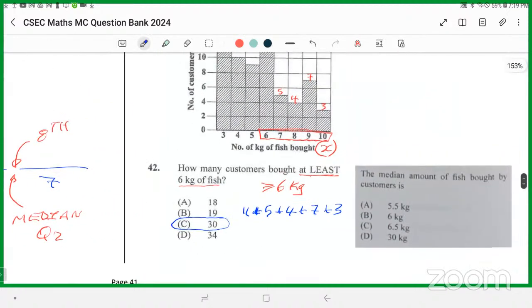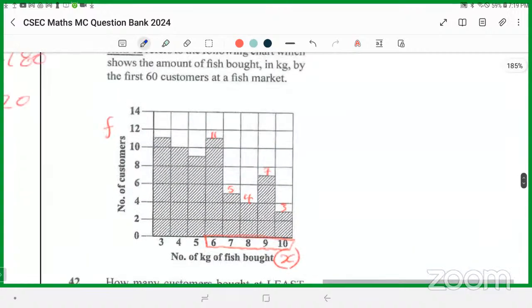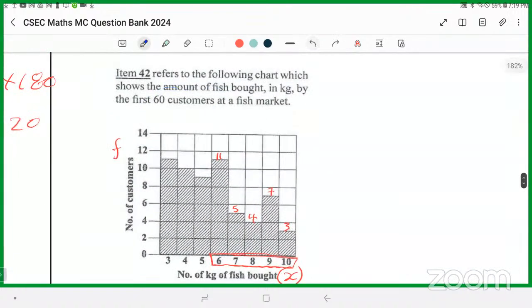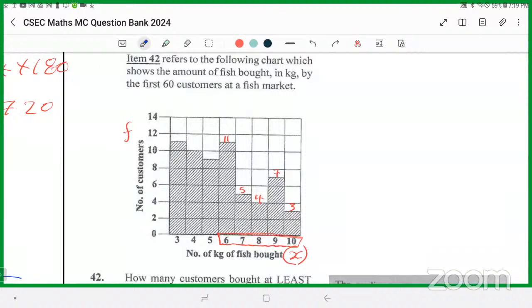Same question over here, but this time it asks us for the median amount of fish bought. So the median amount of fish bought, how many persons bought fish again? 60 persons. So the median amount of fish bought is the average of the 30th and the 31st person. So remember, you have the 60 persons who bought fish.